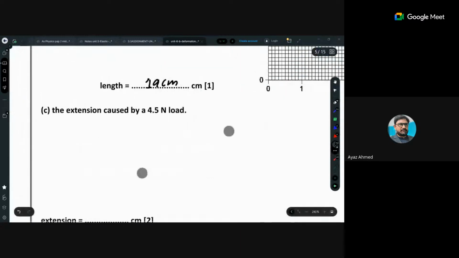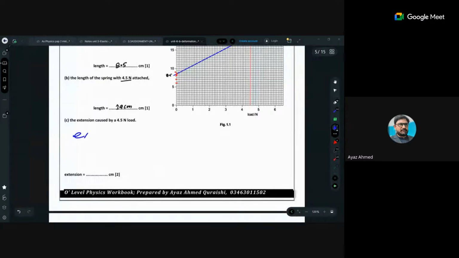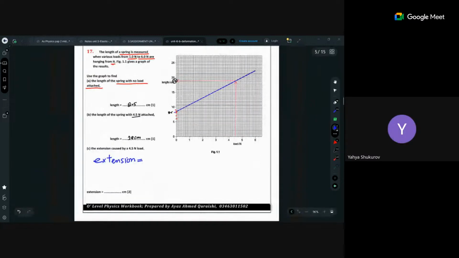So the next step is the extension. How to calculate the extension? We'll find 19 minus 4.5.